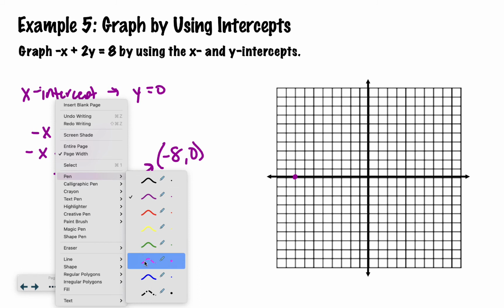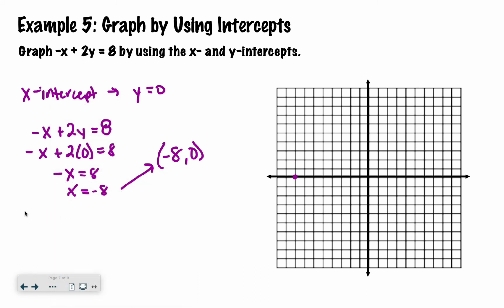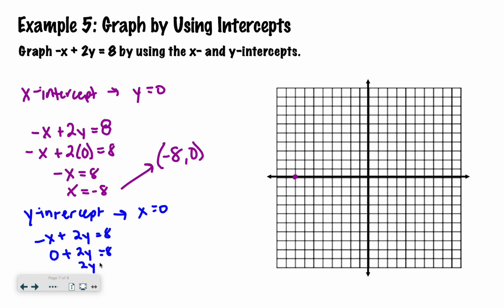I'm going to change colors to help you keep track of the y-intercept. So when it's a y-intercept, remember your x equals 0. So we have -x + 2y = 8. So we have -0, or just 0, plus 2y = 8. 0 plus 2y is just 2y = 8. And then divide both sides by 2, you get y = 4.